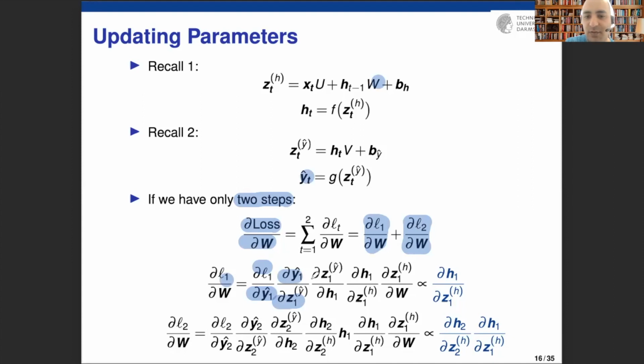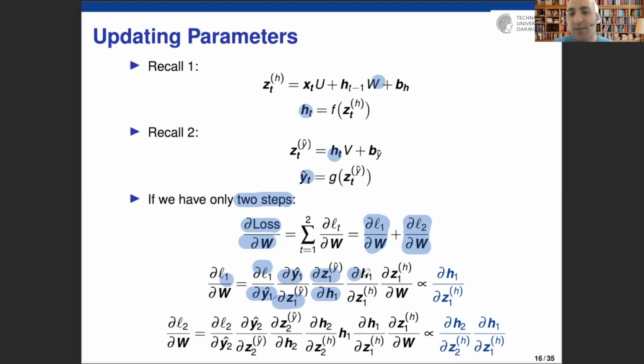And then here we have the derivative of Y hat with respect to the inside of the parentheses, and then the derivative of Z1 with respect to H1, right? So the derivative of Y hat with respect to the function, and then the derivative of Z with respect to H1. And H1 also relates to Z1H.